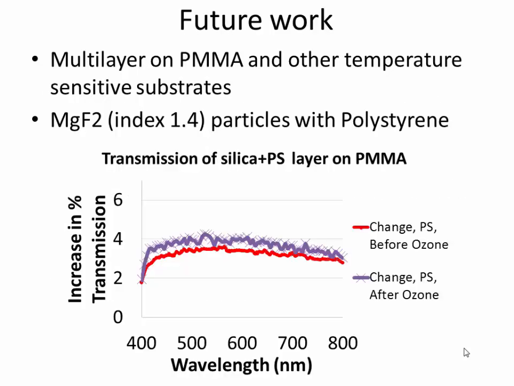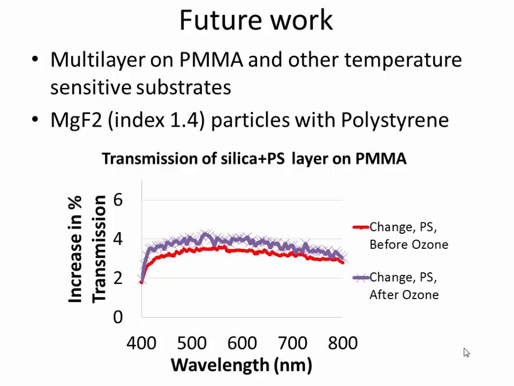So in the future, we're also trying to introduce this technique on PMMA substrates, on polymeric substrates, but the problem is that we can't introduce a high temperature. So what we did was we introduced ozone to eliminate the polystyrene particles.